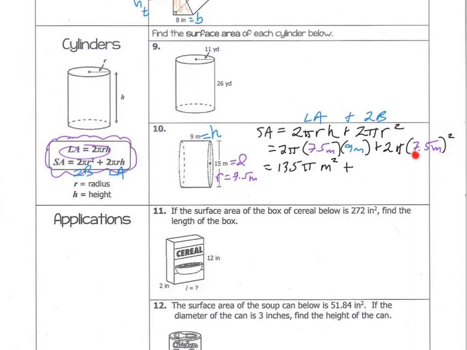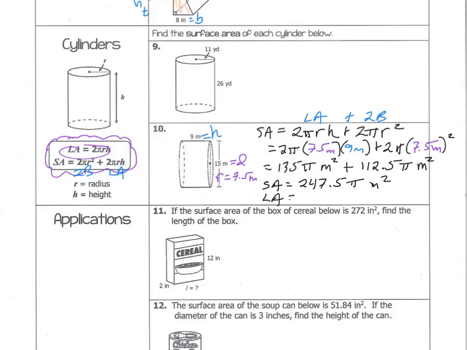Square the 7.5 first, and then multiply by 2. What do you get? So you get 112.5 pi meters squared. Add those together, you get a total surface area of 247.5 pi meters squared.